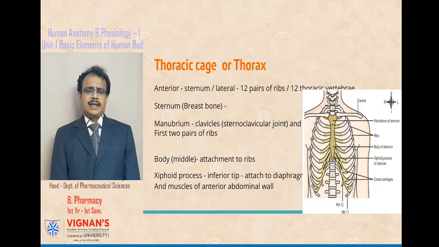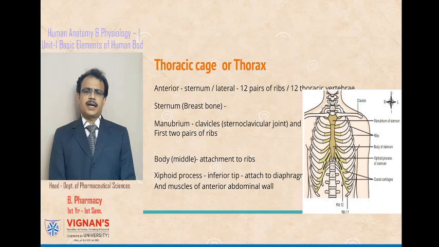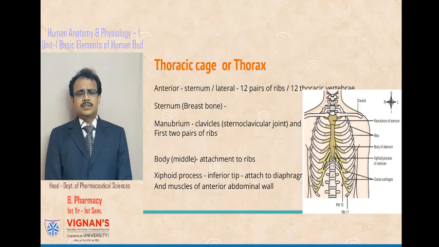ribs are attached anteriorly with the sternum through costal cartilage, and this quantity of cartilage that is present will facilitate the movement of the rib cage during the time of inhalation and exhalation. And each rib will form 3 joints with the vertebrae.